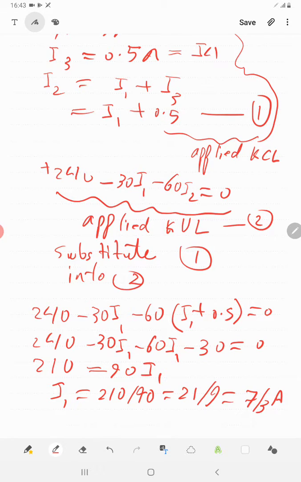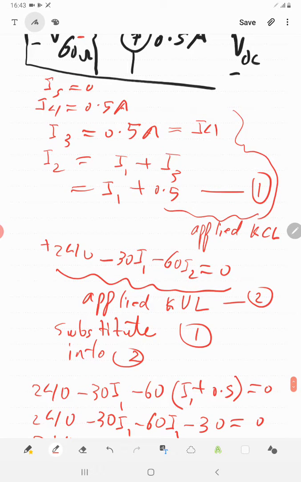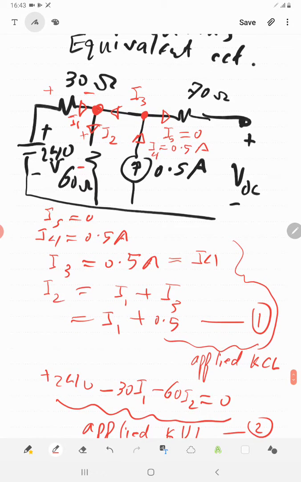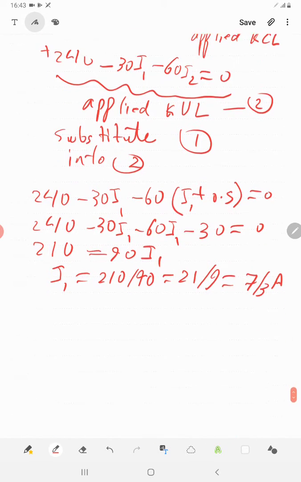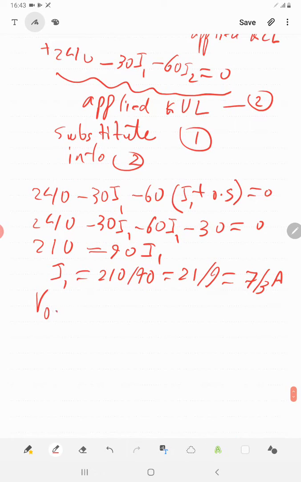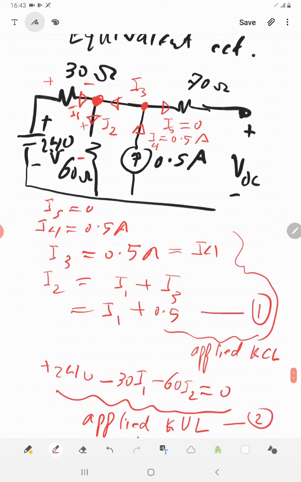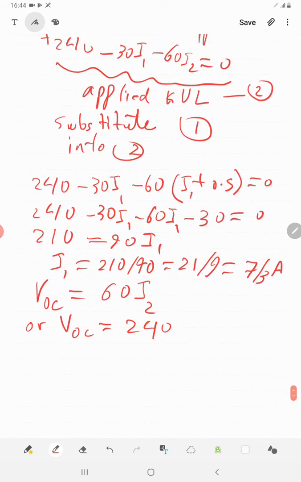Okay. Since we know I1, we come back to the circuit. What is the open circuit voltage? V open circuit equals 60 times I2, or V open circuit equals 240, come back to it, 240 minus 30 I1 minus 30 I1.